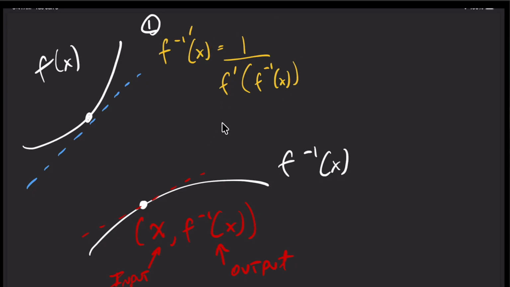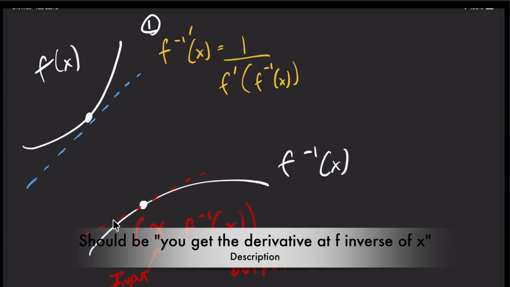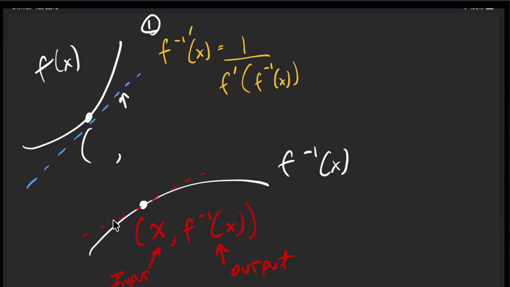Okay, so what this formula is saying is that the output on the inverse graph, right there, if you plug that into the derivative of f, then you get the slope. You get the derivative at f prime of x. So in other words, to get the slope of this line, we would have to take the derivative of the x value.